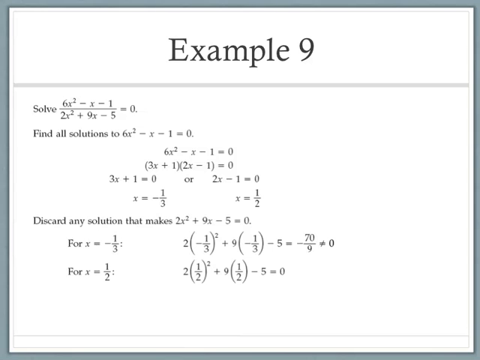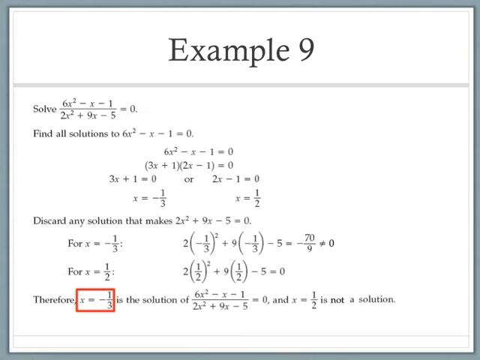And then we can plug 1/2 in. We have 2 times 1/2 squared plus 9 times 1/2 minus 5, and that's equal to 0. Now, since that's equal to 0, that means 1/2 will make the denominator equal 0. So this is not going to work. That means that the only solution for this problem is -1/3.